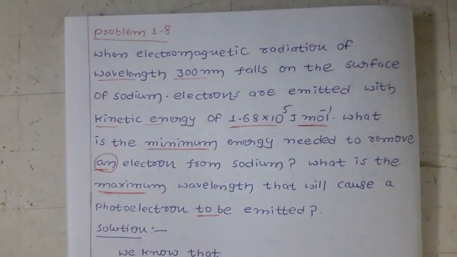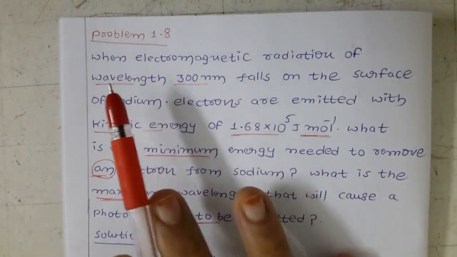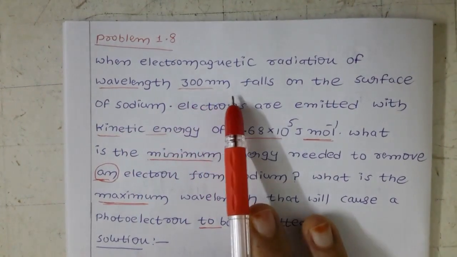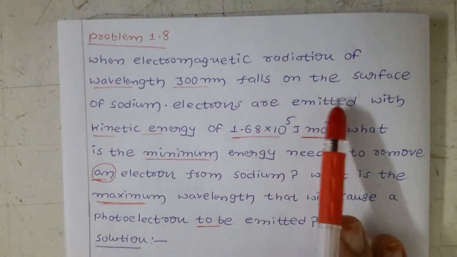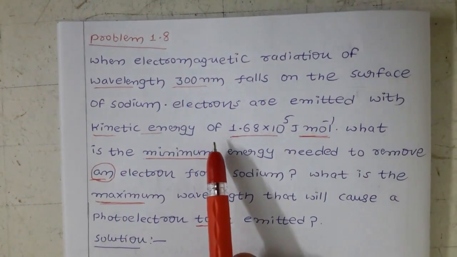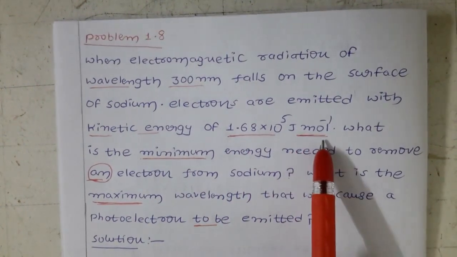Okay. So this is problem number 1.7. Next numerical we have is 1.8. Listen carefully. What is the given problem 1.8? When electromagnetic radiation of wavelength 300 nanometer falls on the surface of sodium, electrons are emitted with the kinetic energy of 1.68 into 10 to the power of 5 joule per mole.